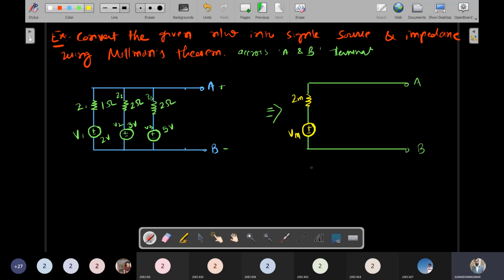So we have seen the equation of Millman's theorem, that we need to find Vm first. So Vm equal to, see, over here 3 voltages are there and 3 impedances.